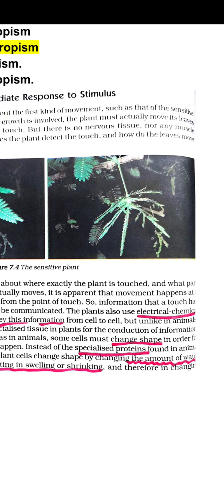The tissues involved in the sensitive plant are only the cells which are able to gain the water or lose the water. But in animals, it is the protein which helps in the muscle cells. The protein helps in the contraction and relaxation of the muscles. By that way, it helps in the movement of the muscles.